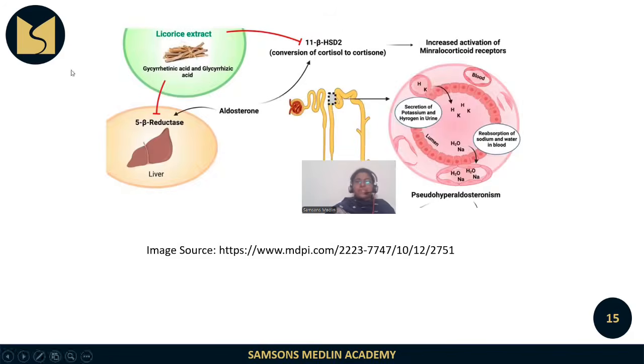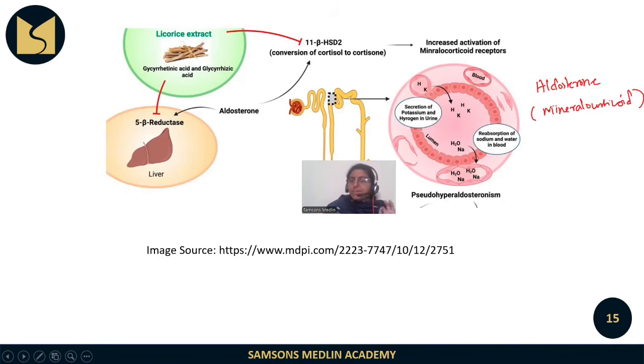Okay. So the question is asked about aldosteronism or pseudoaldosteronism. We know what aldosterone is. It is a mineralocorticoid that is released from the adrenal gland, right?